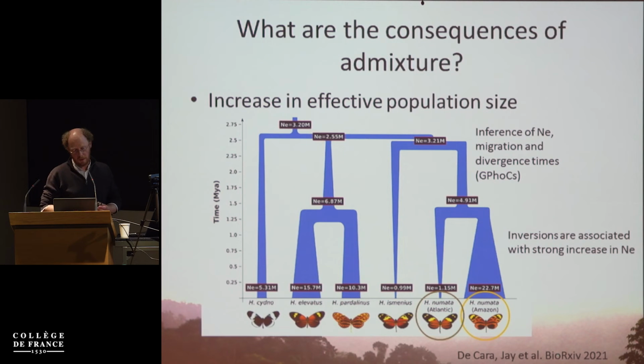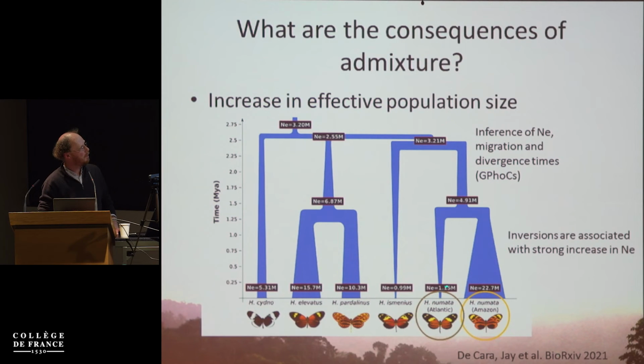And finally, we looked at these inferences of effective population size and gene flow and time since the split of the populations in a unified framework called GFOX. It's a coalescent framework, trying to estimate all of these parameters together. But actually, the patterns are so strong that it doesn't really matter which type of analysis we use.